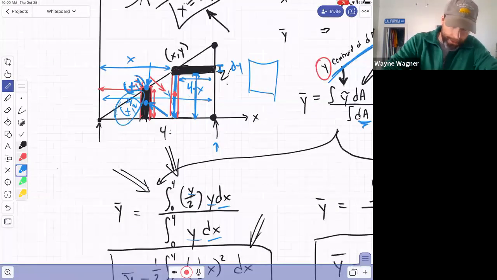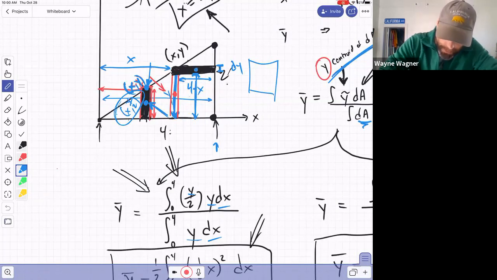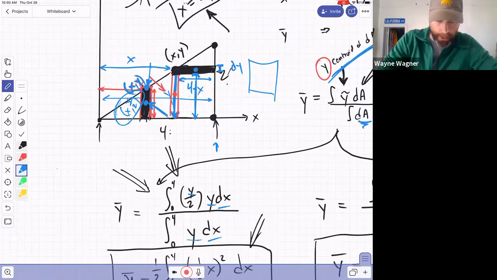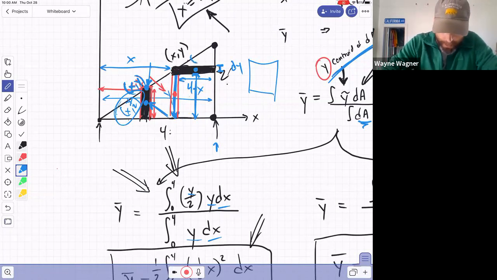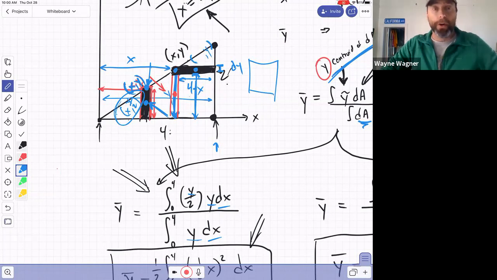Now in this case, however, that centroid clearly doesn't have the same X coordinate. And the Y coordinate, though, is the same as whatever we have right here, so the Y coordinate of the centroid is Y. The X coordinate would be a little bit harder.